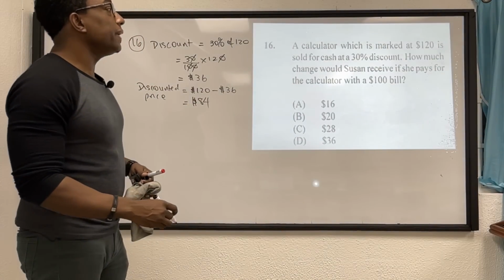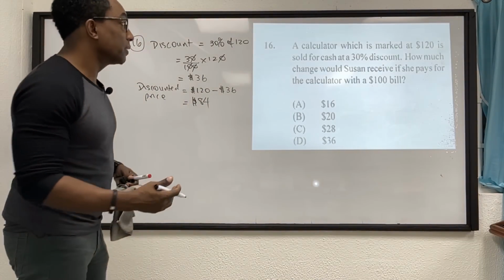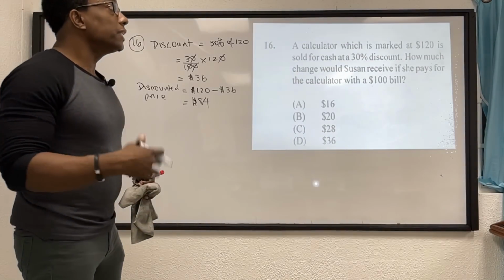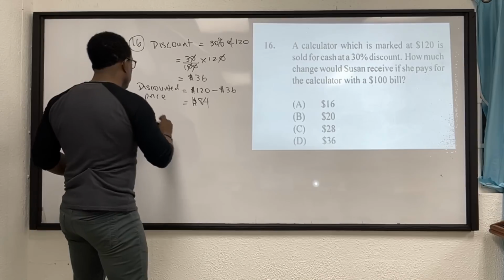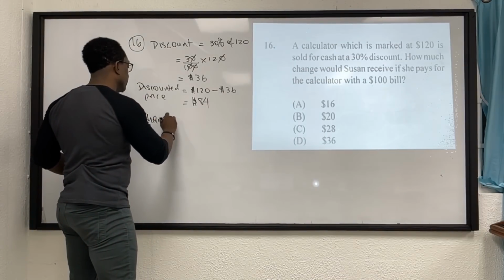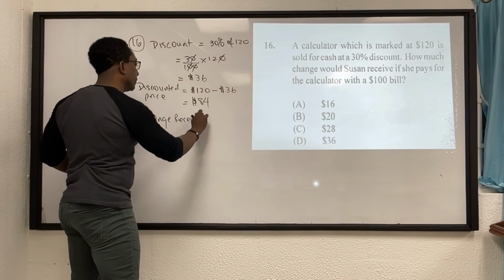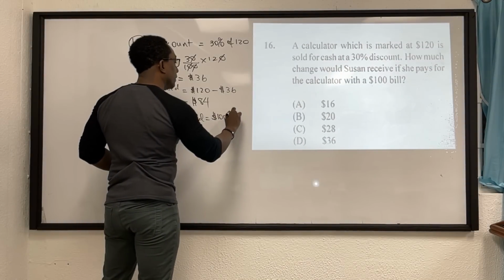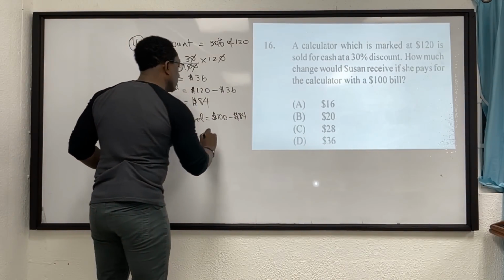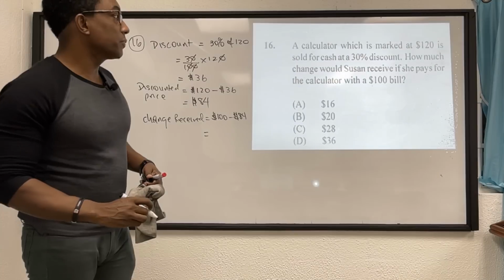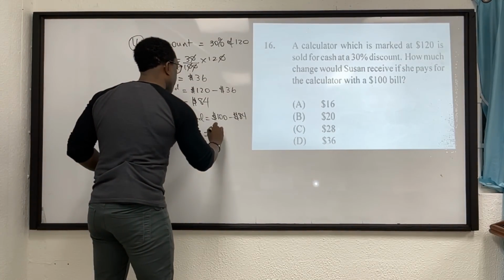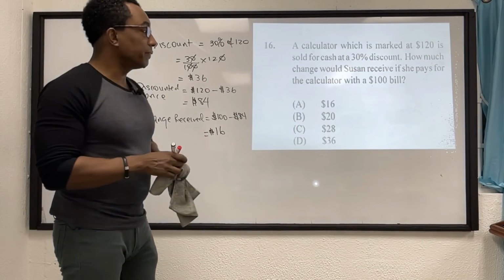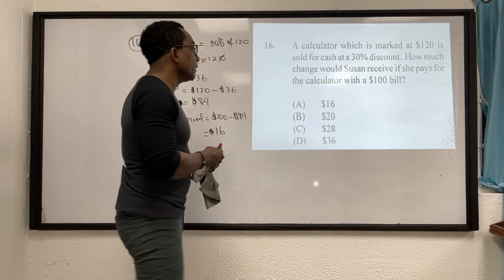And if she pays for this calculator with a $100 bill, how much change would she receive? So change received will be to subtract $84 from $100, and that will give us what? $16. Whose answer for question 16 is A.